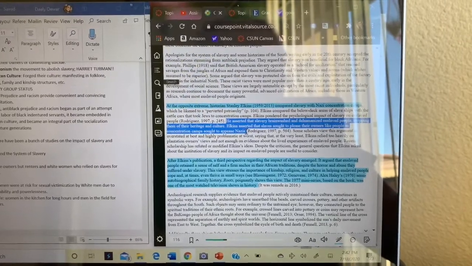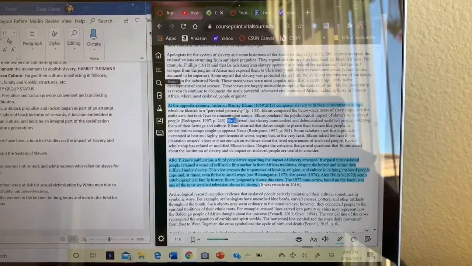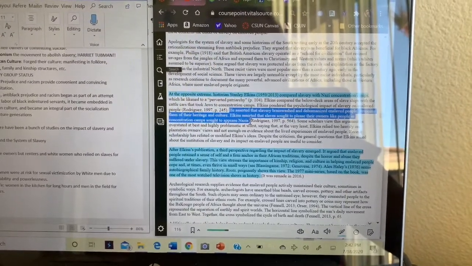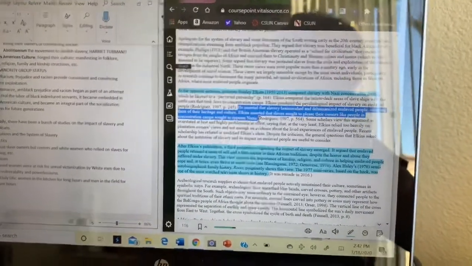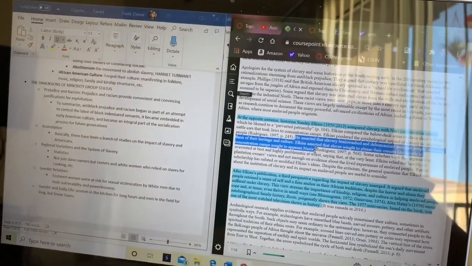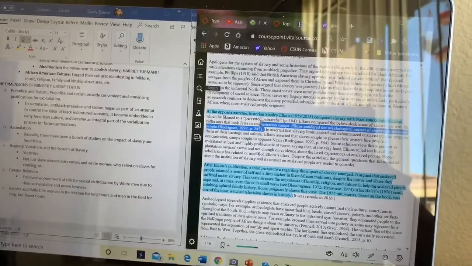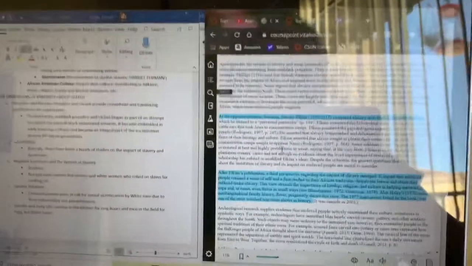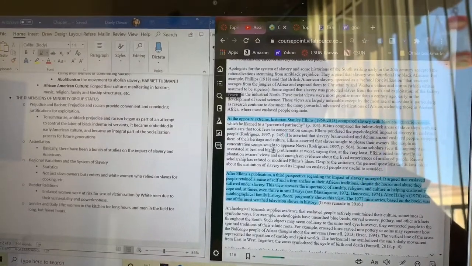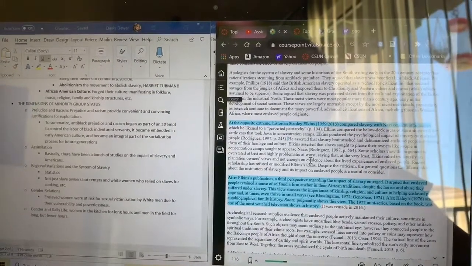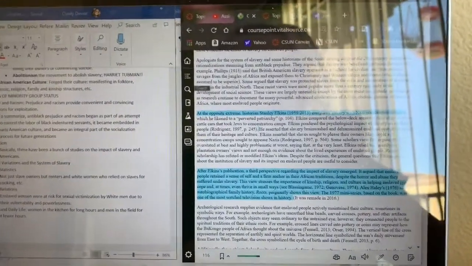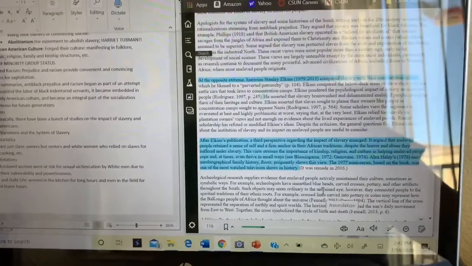So Stanley Elkins compared slavery to the concentration camps of the Holocaust. I'm so sorry. Some scholars view this argument as overstated at best and highly problematic at worst. Yeah, I'll probably bring up a huge controversy by comparing those two. But I think it is on that end of the spectrum, personally.